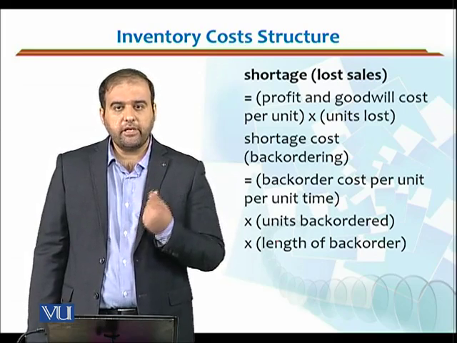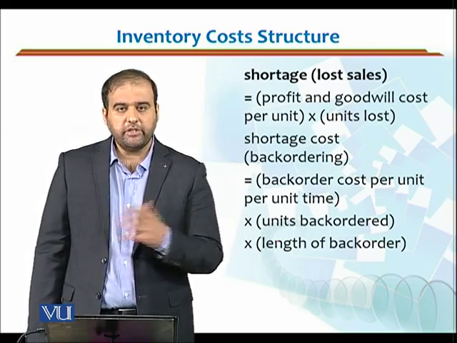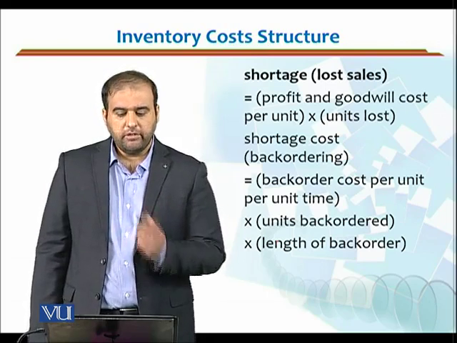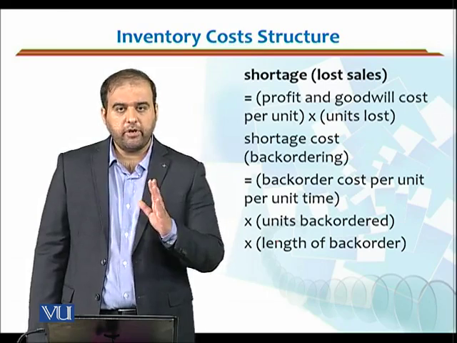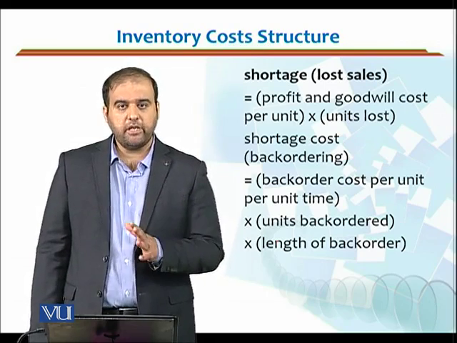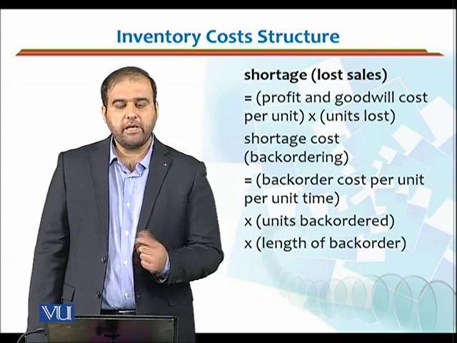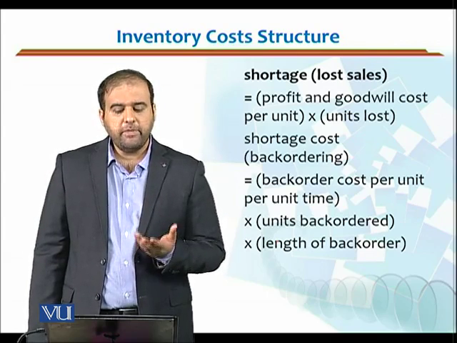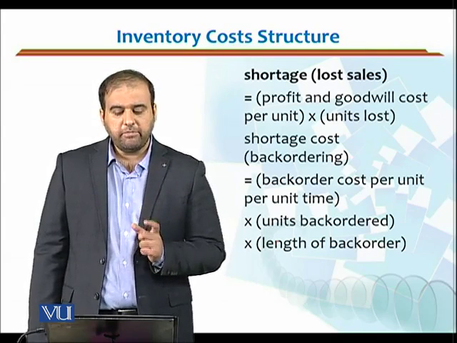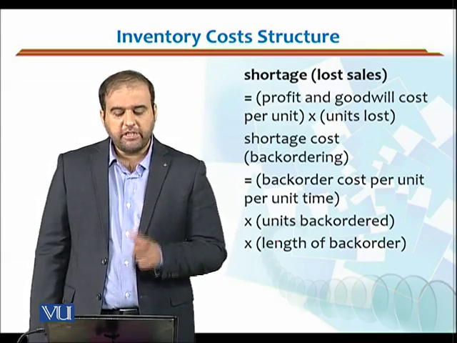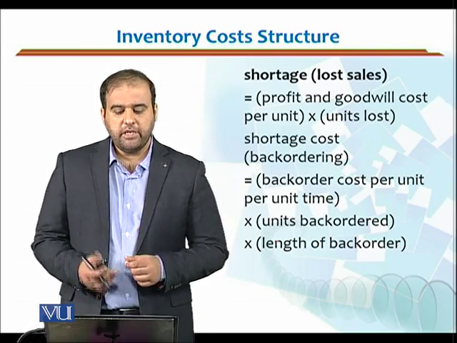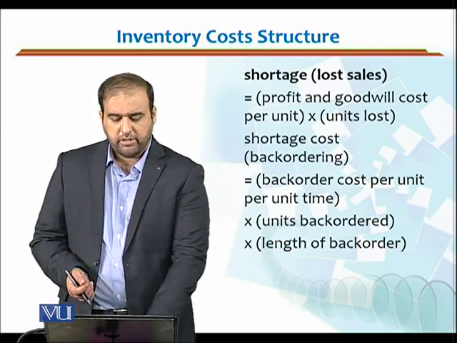Shortage cost could be either a lost sale, which is lost forever, in which case you multiply your goodwill cost with the units lost. But if you can carry them forward, you call it the back order cost. It's still a shortage cost, but we call it a back order cost. So back order cost would be the shortage cost per unit multiplied by units back ordered multiplied by the length of back order. How long the order was delayed will give you the back ordering cost.